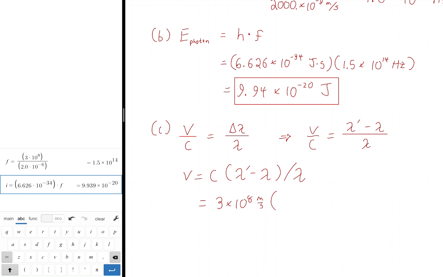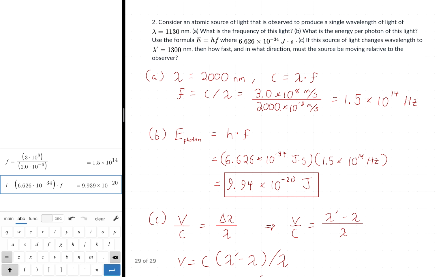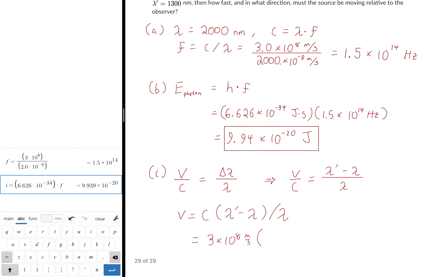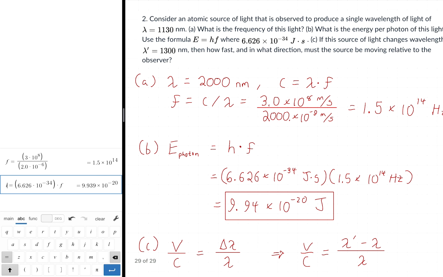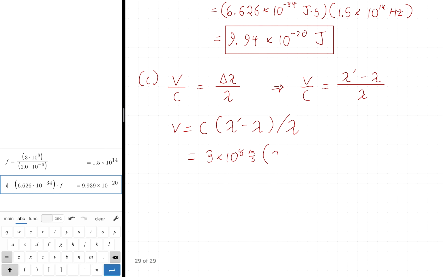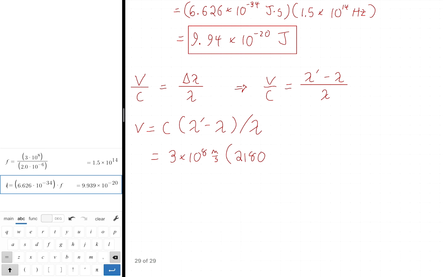Then we'll put in a new wavelength. If I start at 2000, I also want mine to be redshifted like in the original problem. Let's have ours go up to 2280. Maybe that's too similar. How about 2180? So we have 2180 minus 2000, all over 2000.